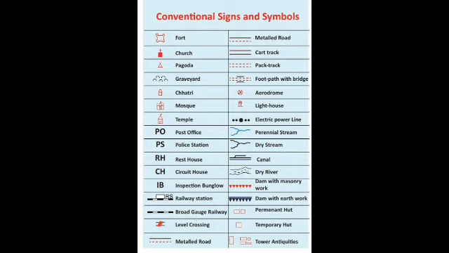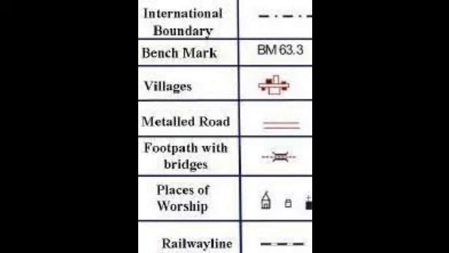So, they are shown by certain letters, shades, colors, pictures, and lines. These signs and symbols give us a lot of information in limited space. With the use of these symbols, a map can be drawn easily.